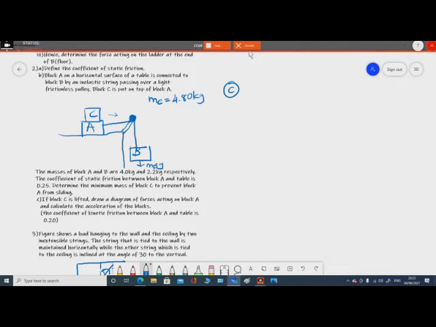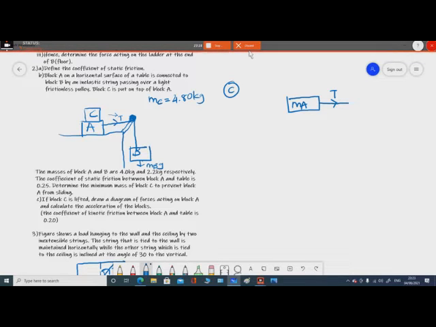If block C is lifted, draw a diagram of the forces acting on block A. This is my mA. We can see that there is a string, so there is a tension in the string that moves block A to the right.